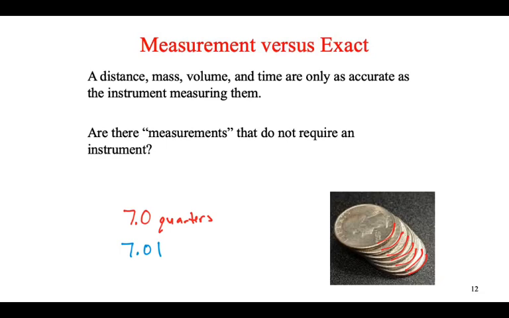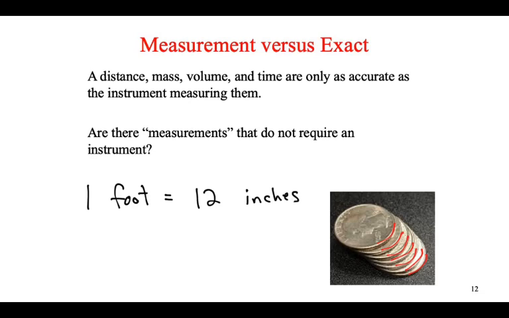Where this becomes more relevant is not so much in the counting process, but in conversions. 1 foot equals 12 inches. You can take your pick. Which side do you want to look at? Left or right? Left. Okay.